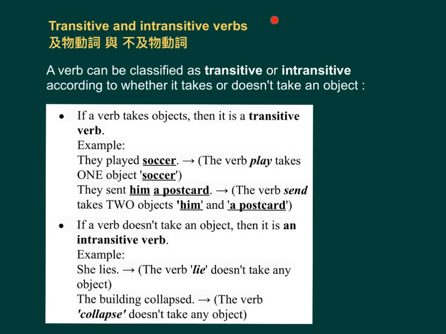Transitive and intransitive verbs. A verb can be classified as transitive or intransitive according to whether it takes or doesn't take an object. If a verb takes an object, then it is a transitive verb. For example, they played soccer.